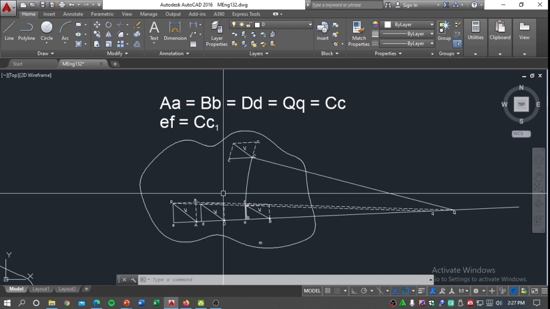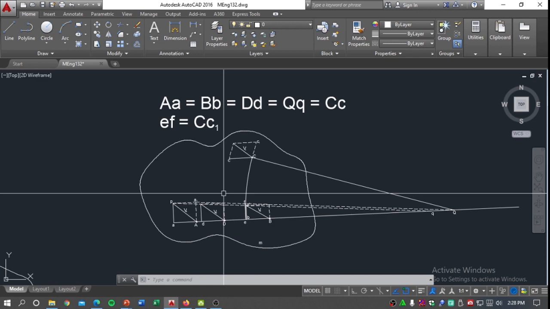Yeah. All right. So we can now proceed to an example which is on a four-bar linkage. So we'll now proceed with our example.